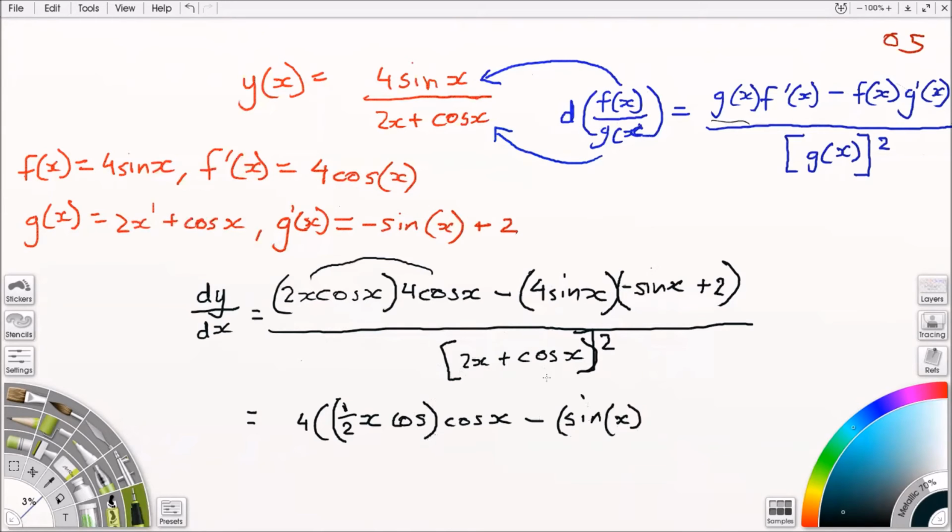Now, negative sine x plus 2. I don't think pulling the 4 out affects this negative sine x. I'm not sure. Plus a half.